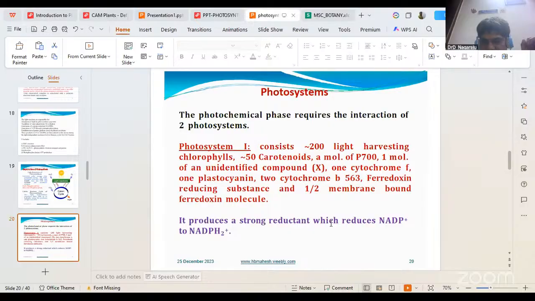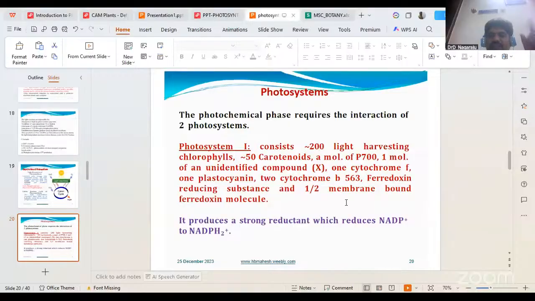And also cytochrome B6 and cytochrome F. How many? 563 cytochrome B6 and F complexes, and phycobilins are also present.